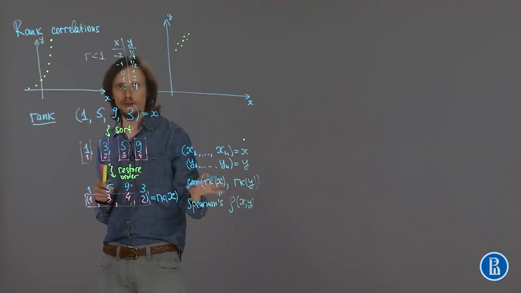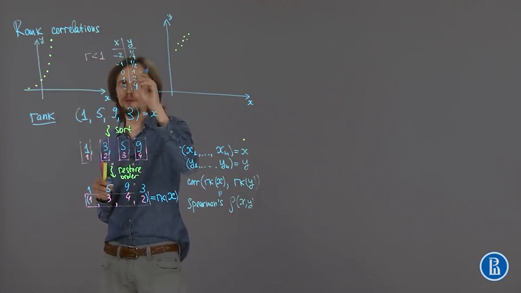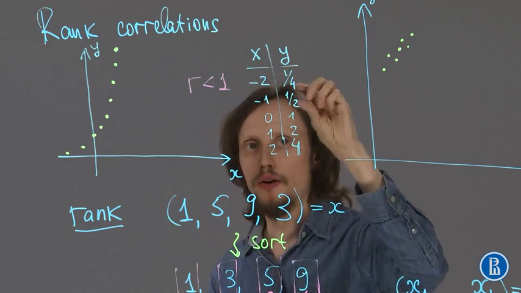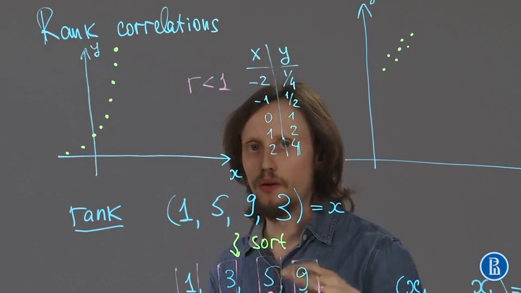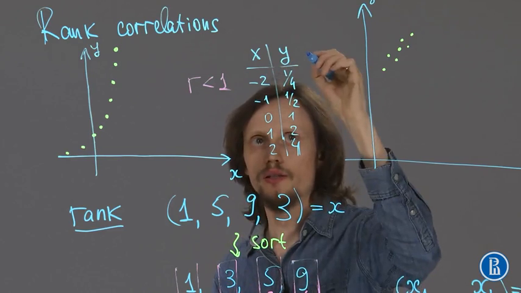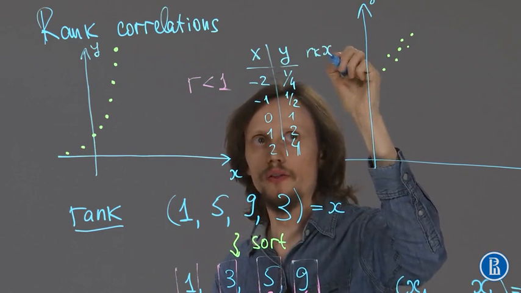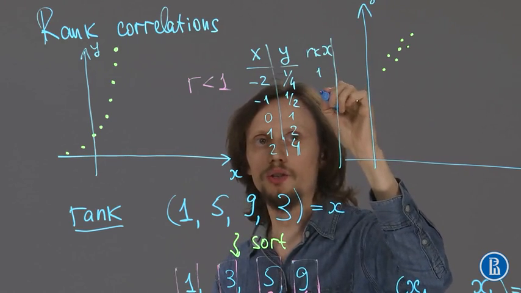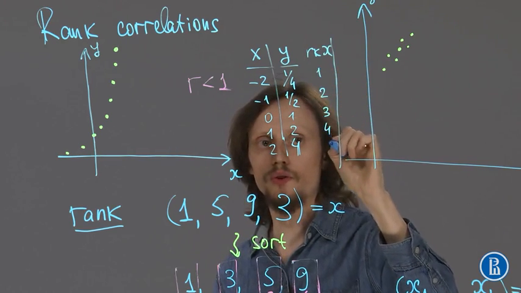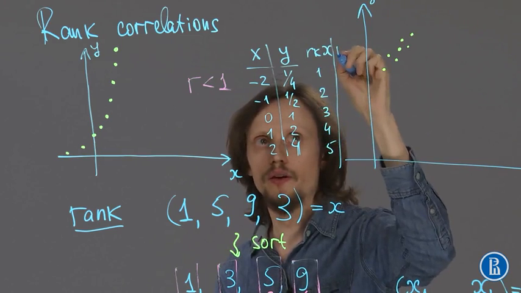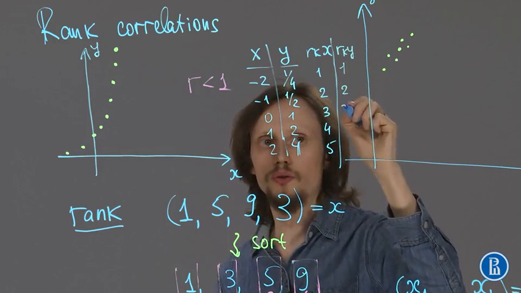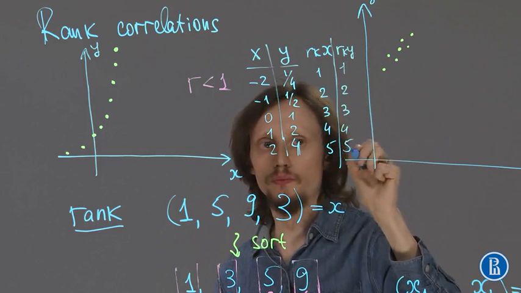First, we have to find rank transformation of both variables. But we see that both variables are already sorted. So the rank transformation is very simple. Rank x is just consequent numbers 1, 2, 3, 4, 5. And rank y is the same thing. 1, 2, 3, 4, 5.